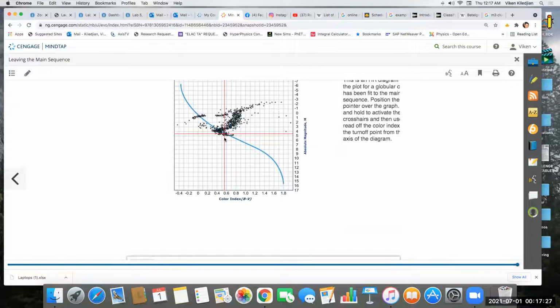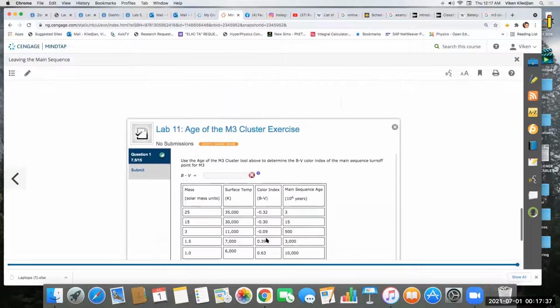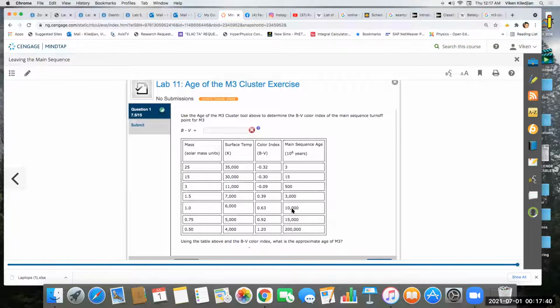You have to take a picture of what your reading is, base your BV index on your crosshairs, decide where you are on the BV index chart, and then guess a number for the main sequence age between the numbers given. If your number was like 0.60, then you will be slightly younger than 10,000. Right?